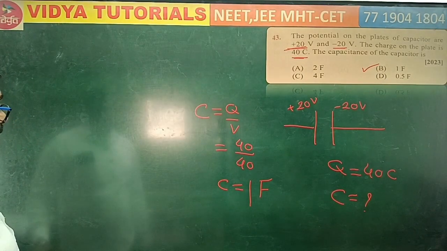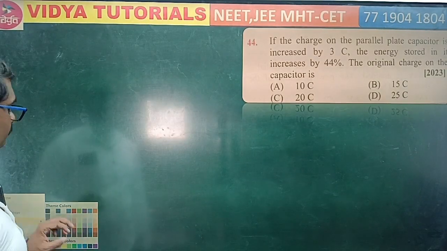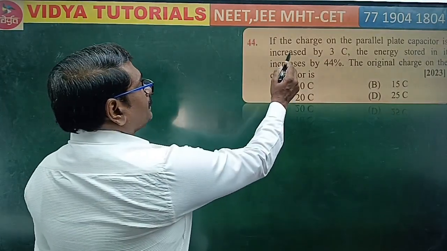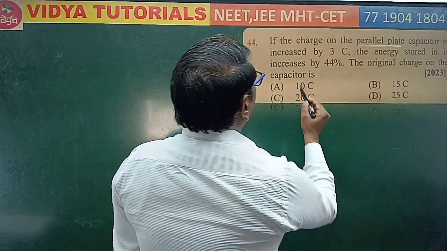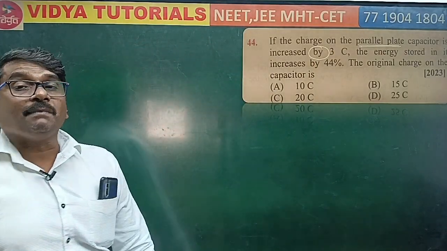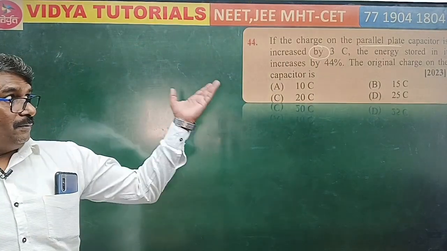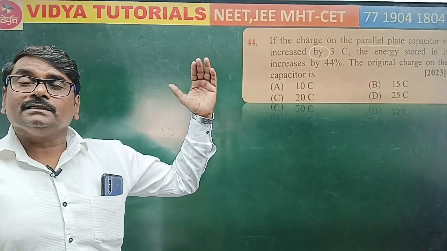Now let's see a new problem. If the charge on the parallel plate capacitor is increased by, see here, increased by. Before, in 2 or 3 problems, we said increased to.